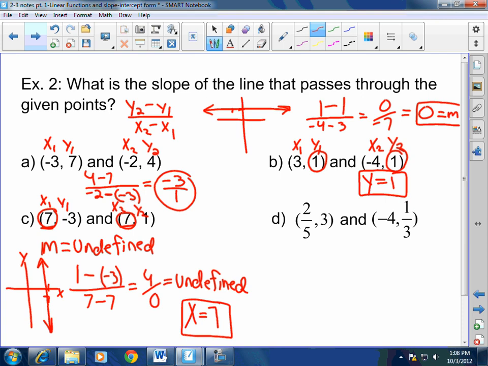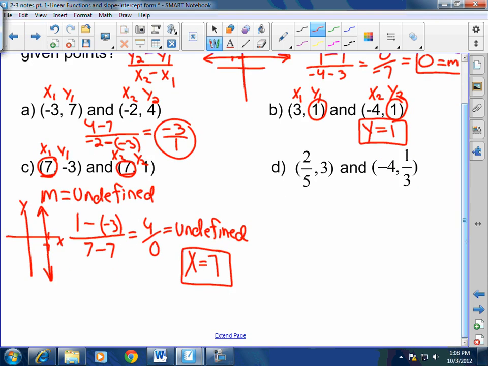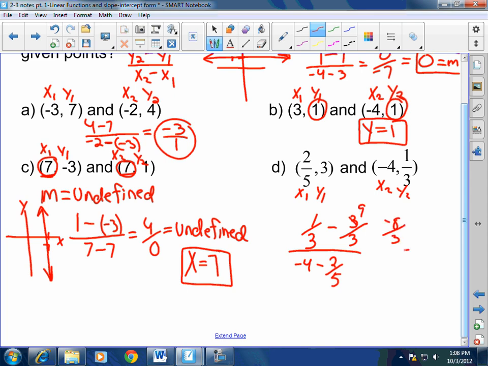And then I threw in some fractions just because I know you love fractions. You've got to know how to do it with fractions. x1, y1, x2, y2. y2 minus y1 over x2 minus x1. Well, here, guys, I'm going to make my life easy. Common denominator is 3. That goes to 9. That's negative 8/3 over, that goes to 5, that's negative 20, so that's negative 22/5.